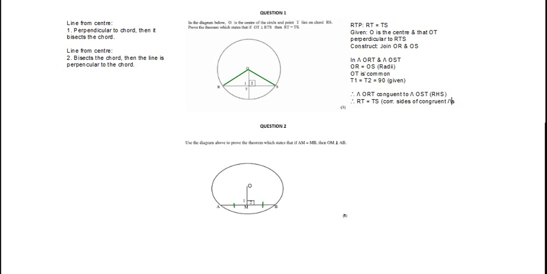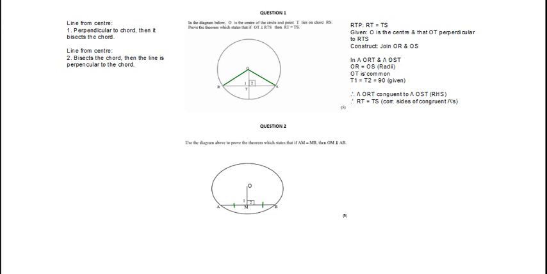Yes, that's how I would prove this first theorem. That is how I would prove the first one. Just use my congruency, RHS.